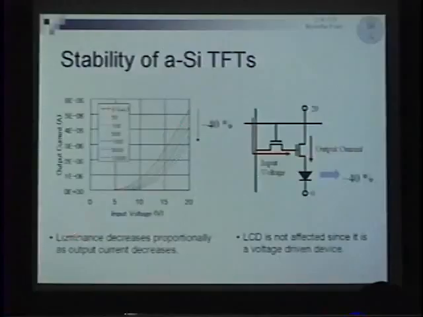Since the luminance decreases proportionally as output current decreases, the luminance also decreases by 40%, which is a very serious problem.